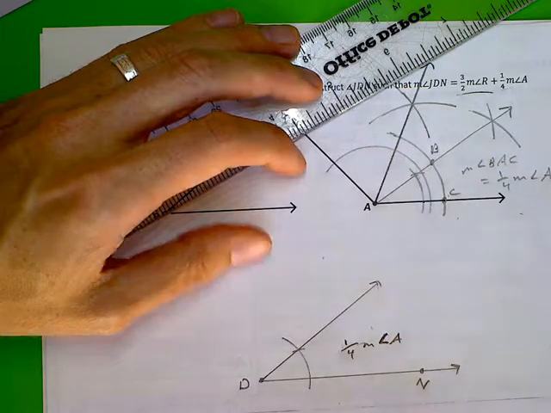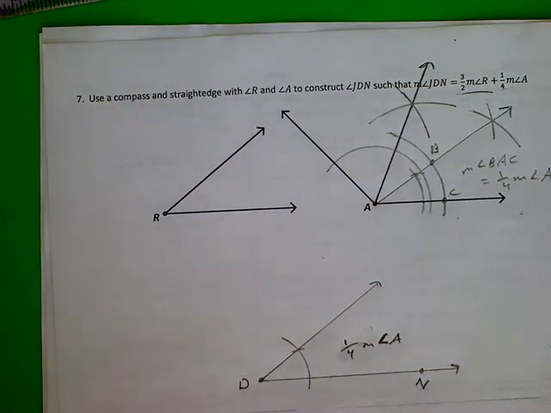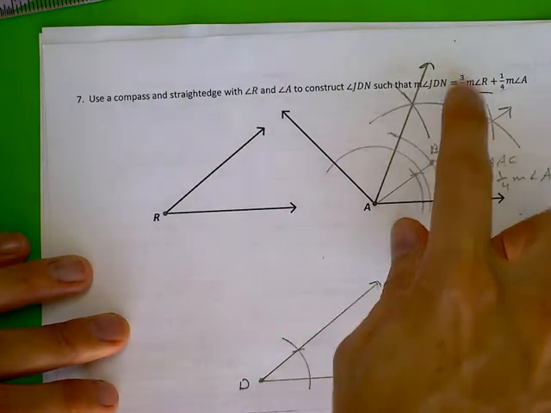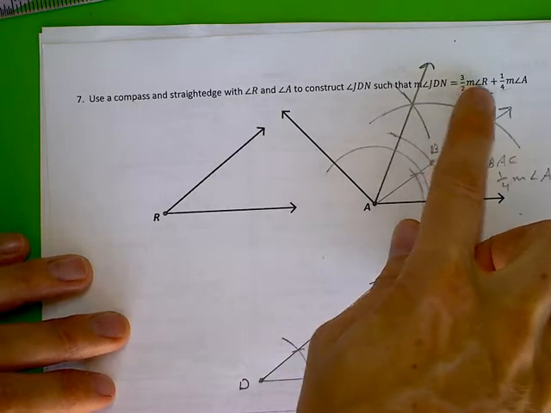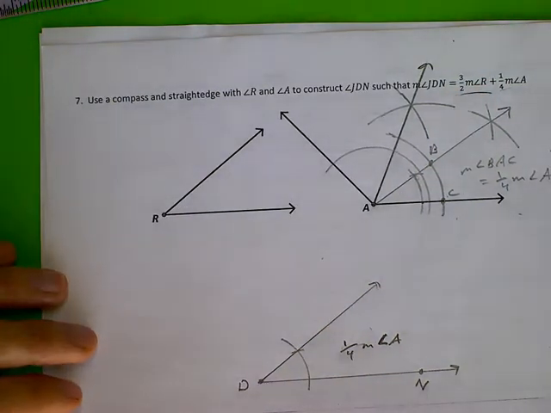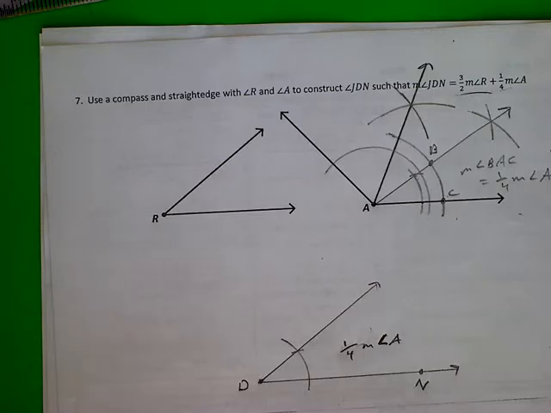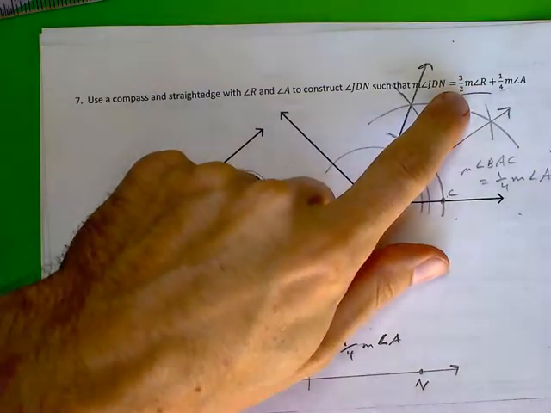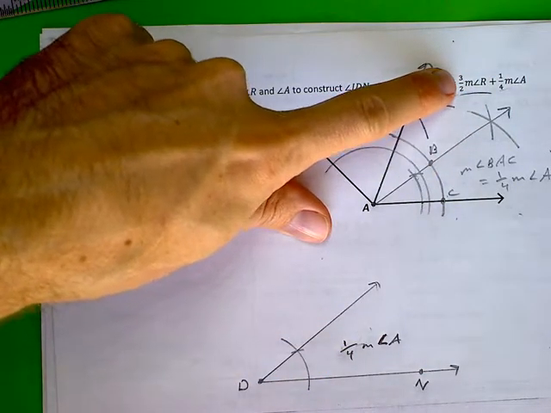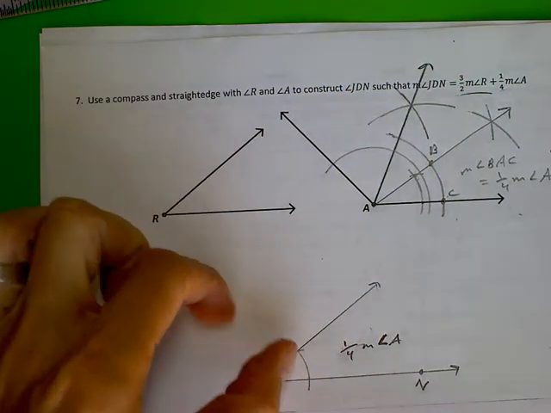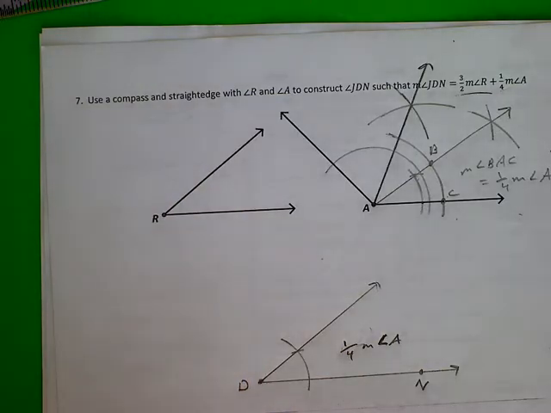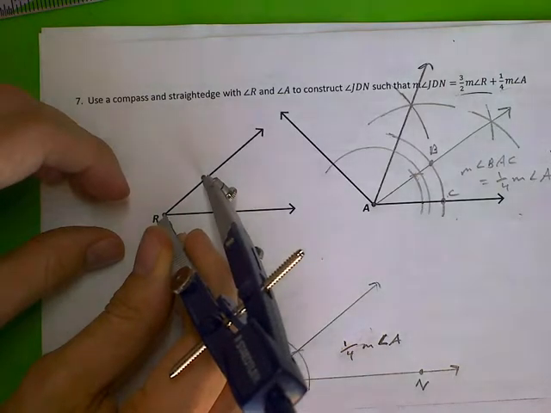There we go. Okay, now to that I need to add 3 halves, or 1 1/2 the measure of angle R. So there are a couple of different ways I can do that. But to do either one, I need to cut angle R in half. So this is 1 1/2 angle R. So I'm going to add angle R, and then I'm going to add half of angle R. So let me find half of angle R first.